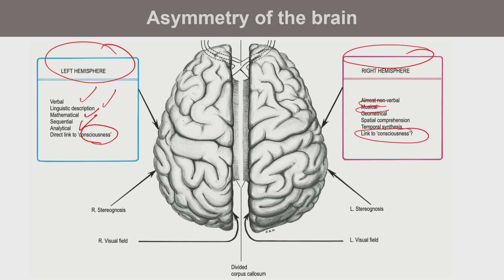Asymmetry of the brain is developing because evolution, or God, gave us the possibility to use the whole capacity of the brain, even if we don't know what is needed and where is the center for everything.